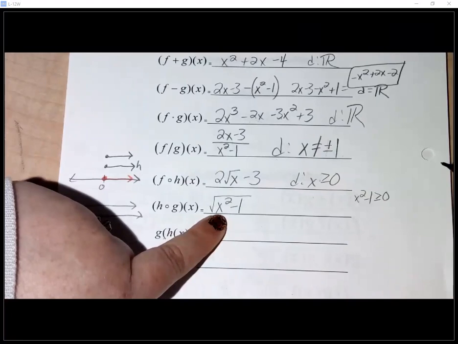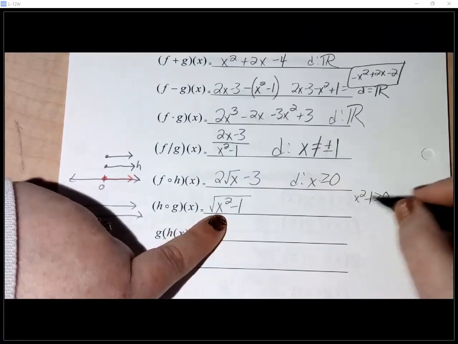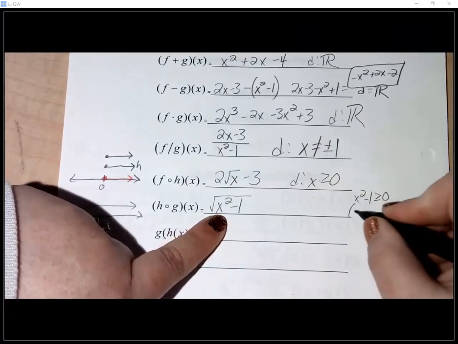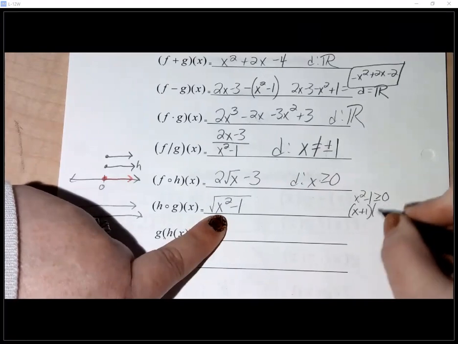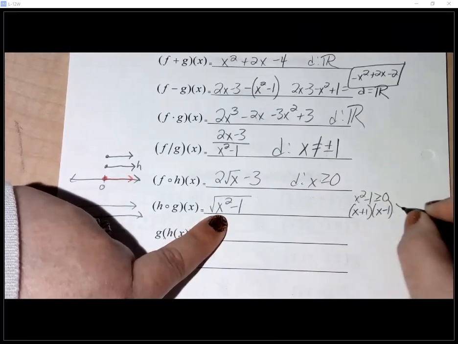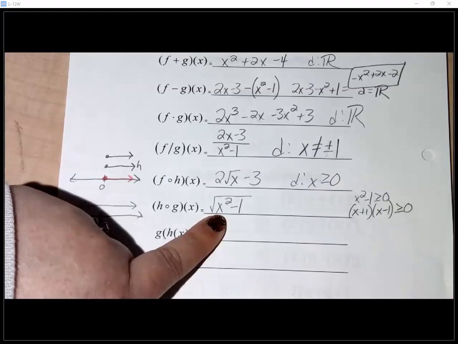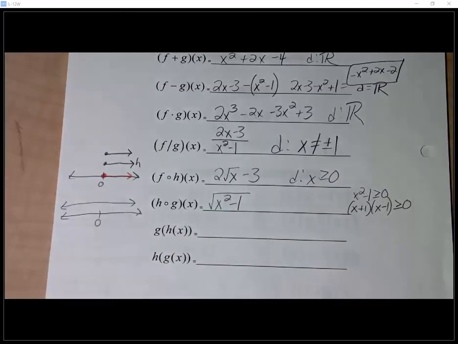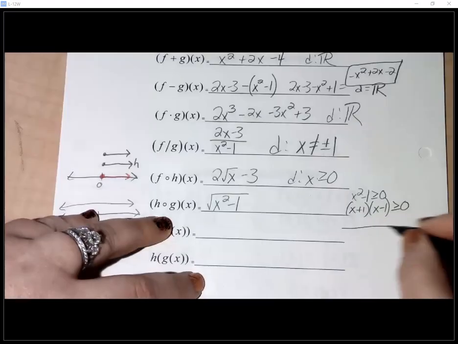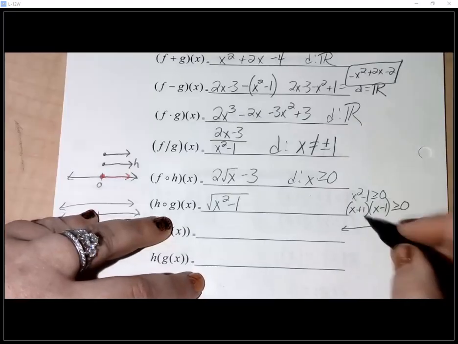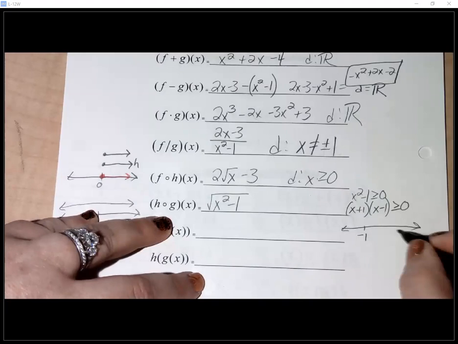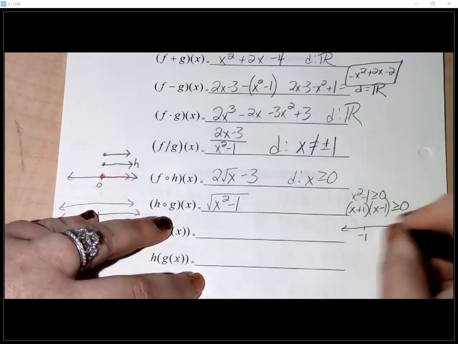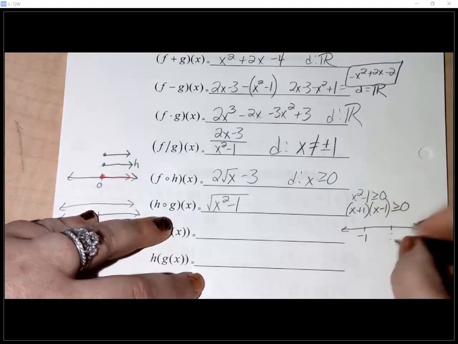We talked about how I could split this up into x plus 1 times x minus 1, has to be greater than or equal to 0. When you have a product with an inequality, it doesn't work like it does with an equal sign. So we talked about splitting it up. I have important values at -1 and +1, and then remember we checked values in between.